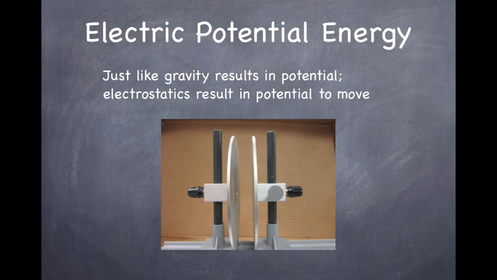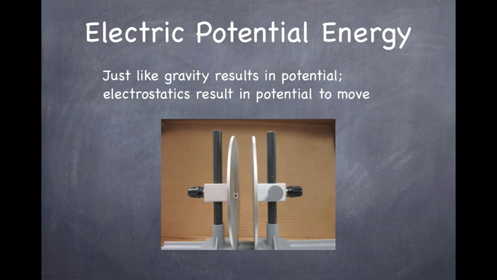Number one, electrical potential energy. Just like gravity results in potential, electrostatics result in a potential to move. If I take a book and lift it over the ground and let go of it, the object will start to fall. So we say that the book has gravitational potential energy because if I let go, it'll fall down. Electrostatics are the same way.